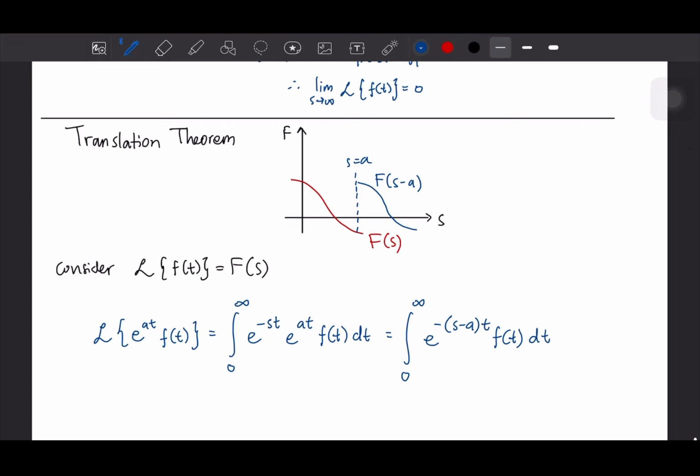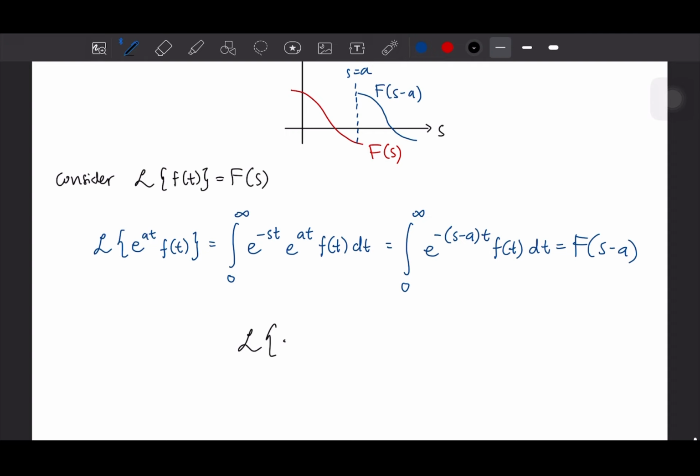So if we just take this s, it's our original Laplace, but we are changing s to s minus a, which means in the curve, this will move to the right by a units. So we have F of s minus a.